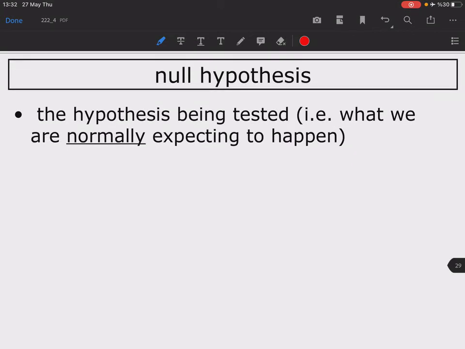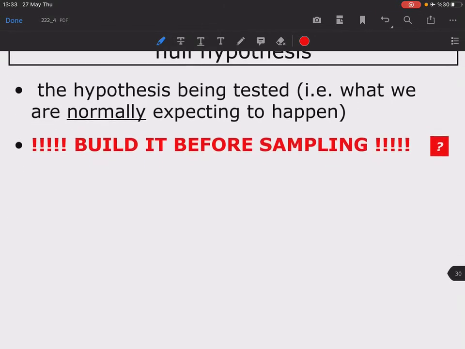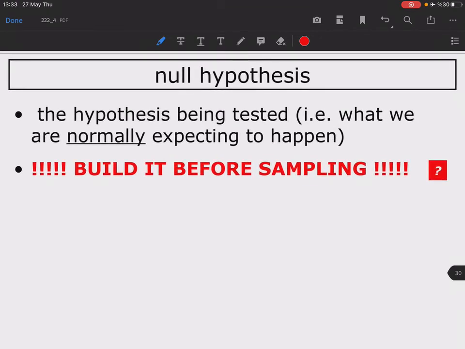The null hypothesis is the hypothesis being tested, what we are normally expecting to happen if there was nothing interesting. That's the idea. So be careful. You need to build it before sampling. I mean, don't build it after you get your sample data and have a look at it.